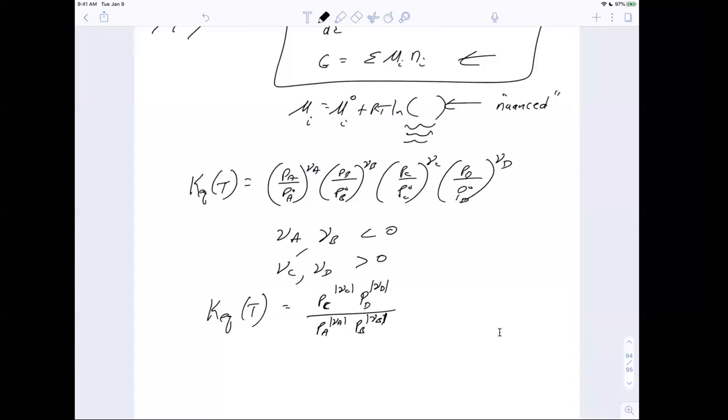And since nu A and nu B are negative, those partial pressures are going to be in the denominator of this ratio, and the partial pressures of C and D are going to be in the numerator. Here I've used the absolute values of the stoichiometric coefficients. And you've seen this before in your earlier courses when you looked at equilibrium constants, where reactants would be in the denominator of an equilibrium constant and products would be in the numerator. This is where that arises from.